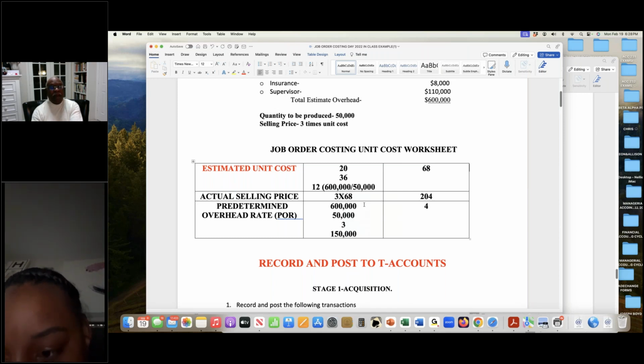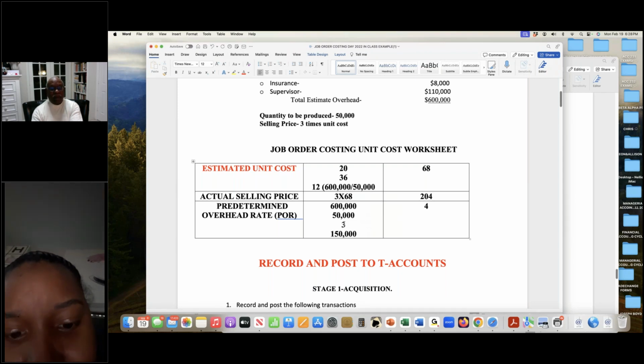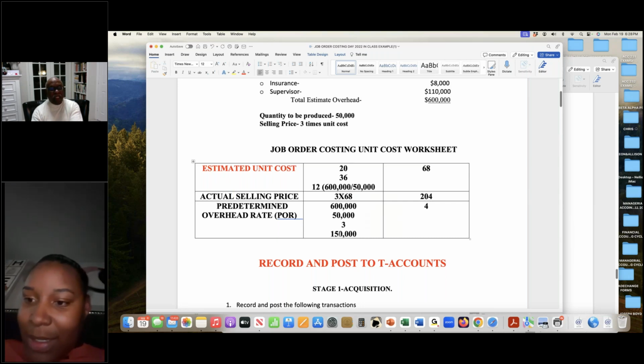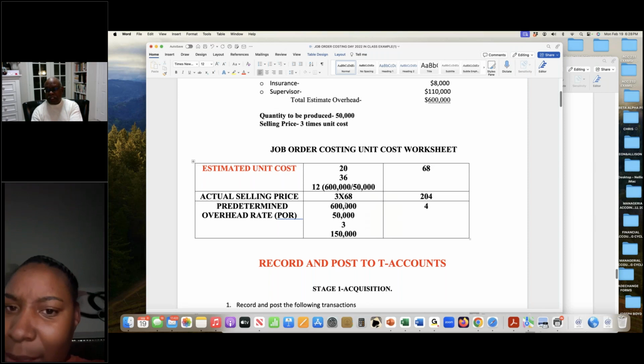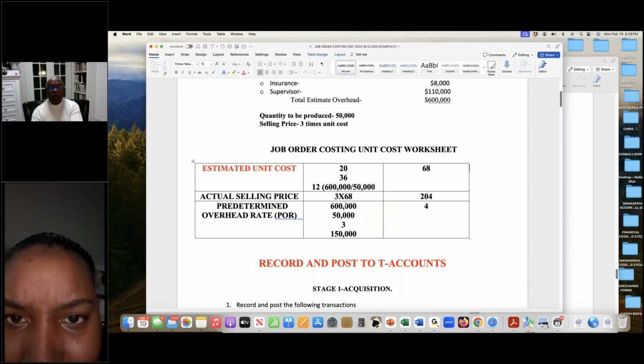So we just came down with 600,000, that number, and 50,000, that number. The multiple is 3. So since it's 3 hours, we simply multiply 3 times 50, which is 150. Then we took the bottom number 150, divided into the top number 600, and we got 4.